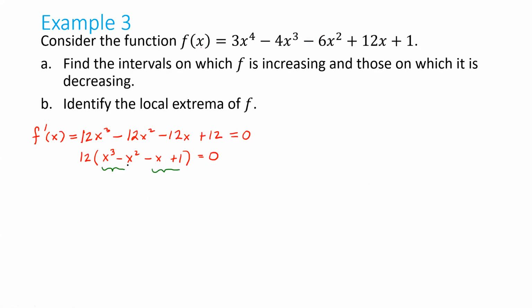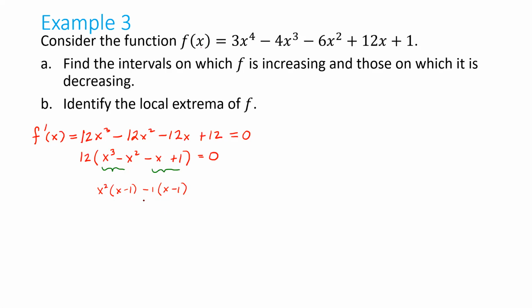If I take out the common factor between x cubed and x squared, which should just be x squared, that leaves me with an x minus 1. And then same here, I can take out a negative 1 between these two terms. And that leaves me with the same thing, x minus 1.